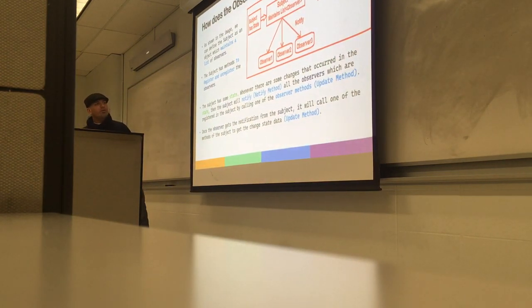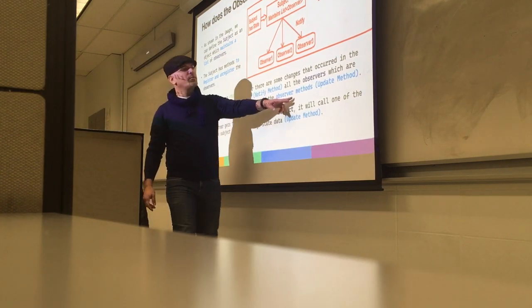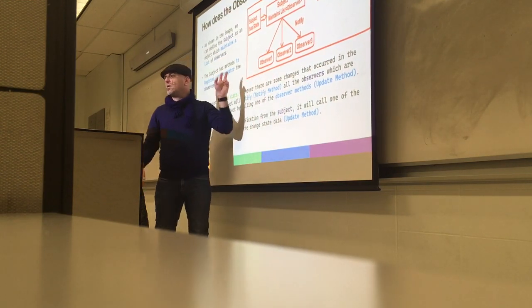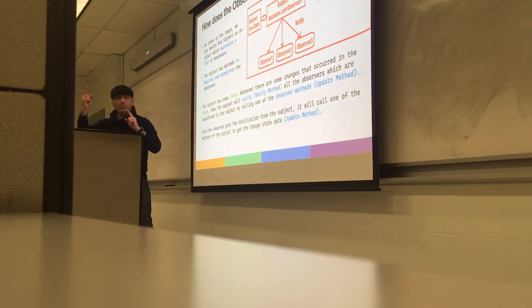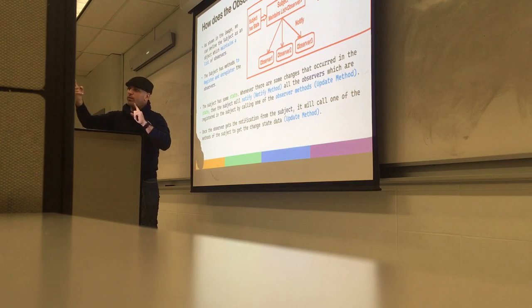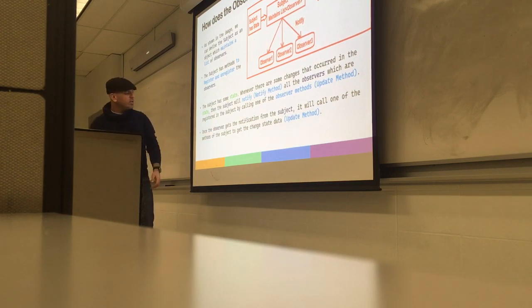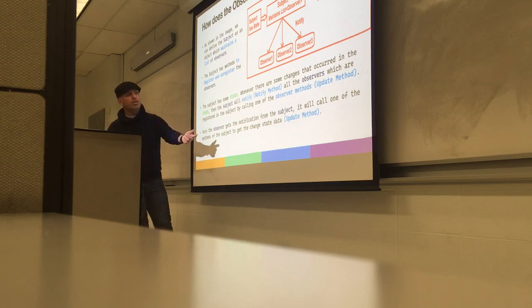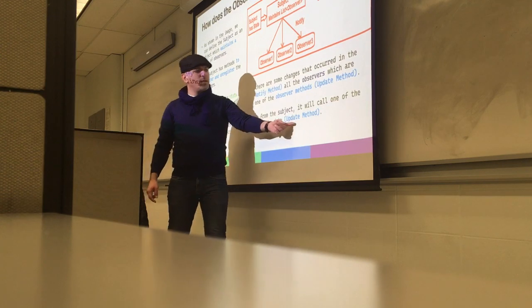All the observers which are registered in the subject are notified by calling one of the observer methods. This observer method, maybe you can name it update, is inside the observer. Once the observer gets the notification from the subject, it will call one of the methods of the subject to get the changed status data. This is called the update method.